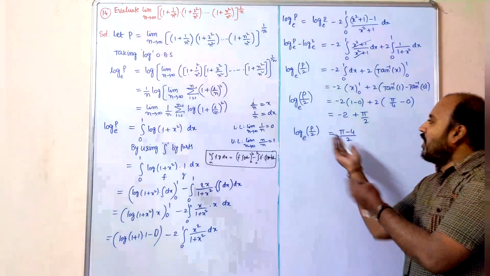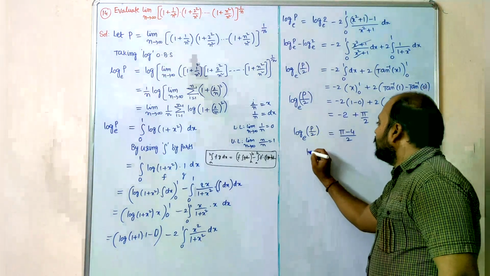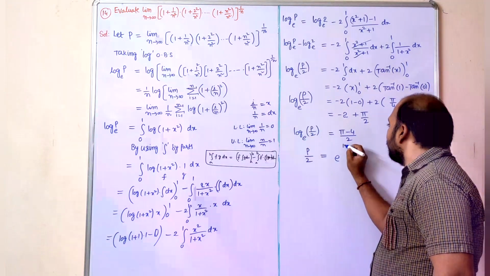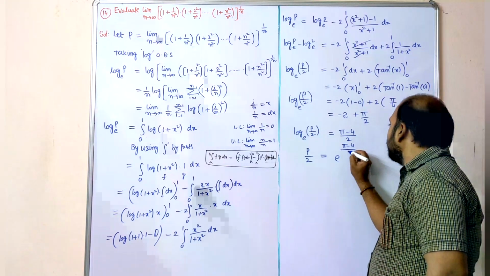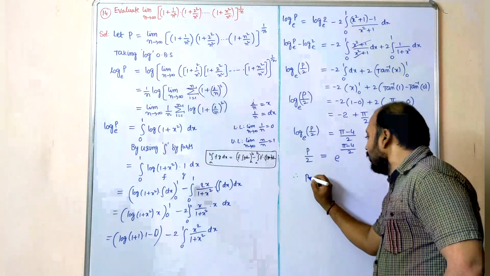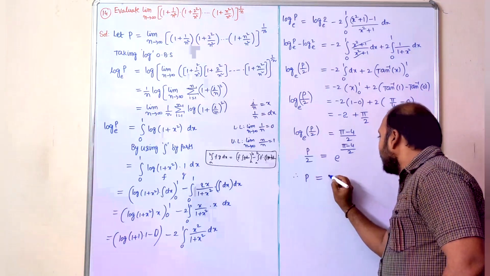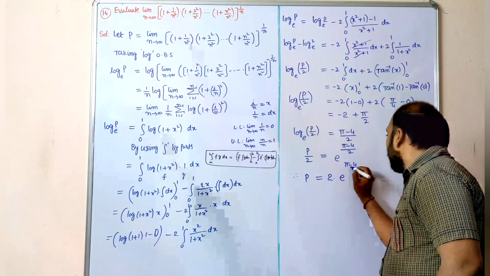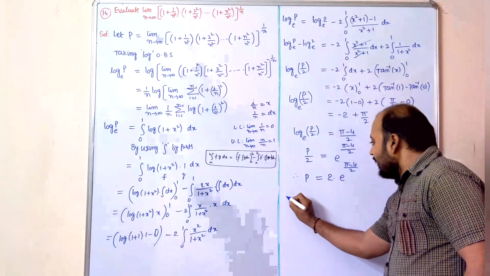If you want to remove log, p by 2 equals the exponential e power of pi by 4 minus 2. But I want the p value. So therefore p equals, taking 2 to this side, 2 into e power of pi minus 4 divided by 2. That is what p is.